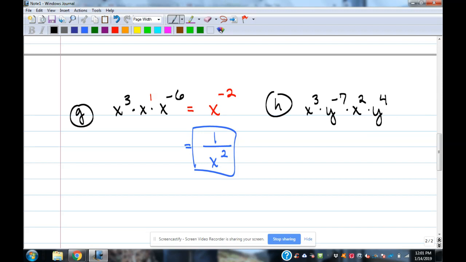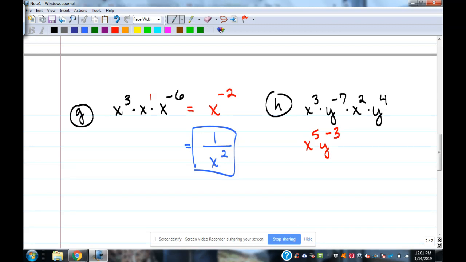So that means we got 2 different bases, right? Which ones go together? X's go with X's, Y's go with Y's, right? So what do we do with the exponent on the X's? Add them up. So that's going to be x to the 5th. What do we do with the Y's? Add them up. Negative 7 plus 4. Negative 3. Good, Aubrey. Negative 3.